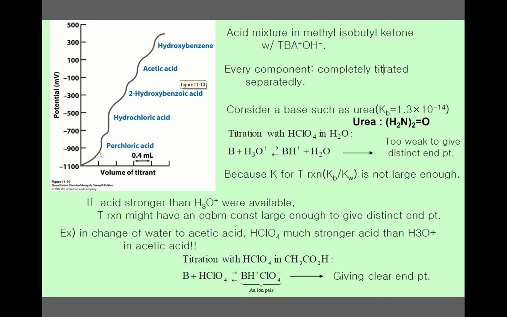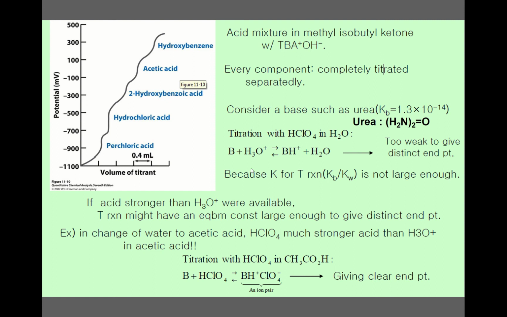First perchloric acid is titrated, then hydrochloric acid, then 2-hydroxybenzoic acid, acetic acid, and hydroxybenzene. In this solvent, which one is the strongest acid? Perchloric acid, then hydrochloric, and so on. They are all differentiated in this special solvent.